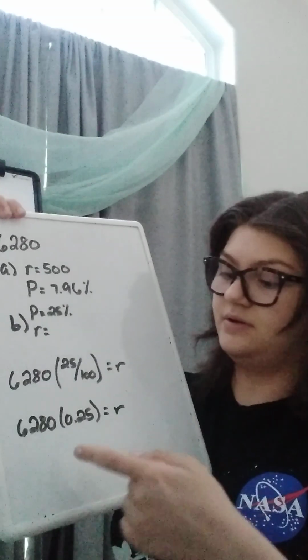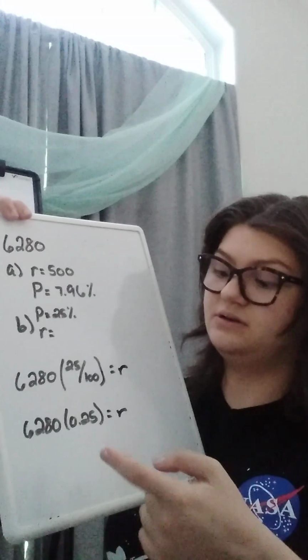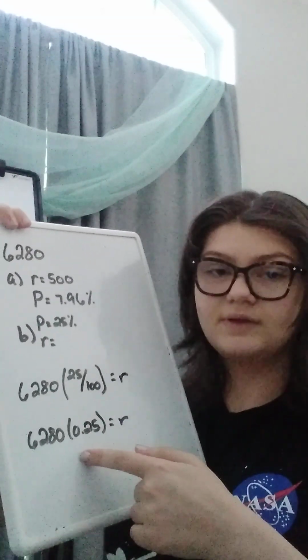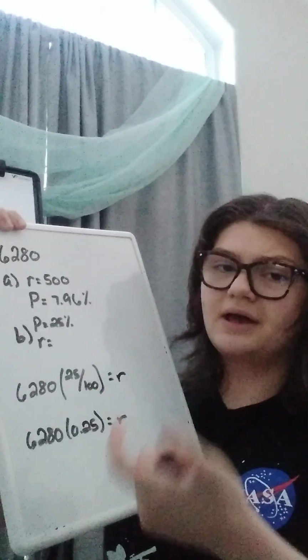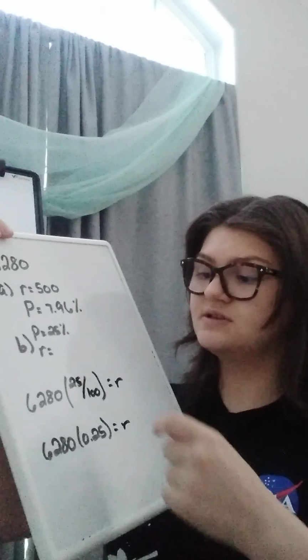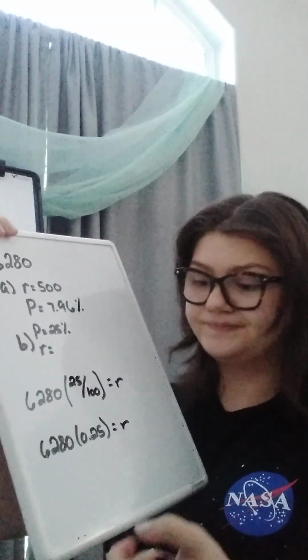So you can either keep it a fraction as 1/4 or keep it 0.25. Anything divided by 100 makes it easy. You just move the decimal place 2 places to the left.